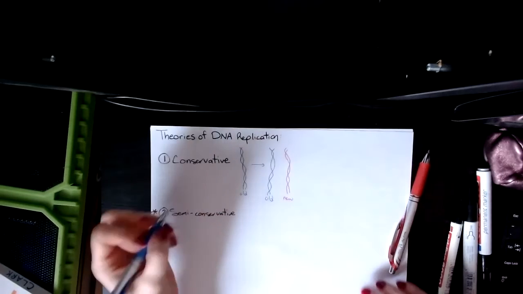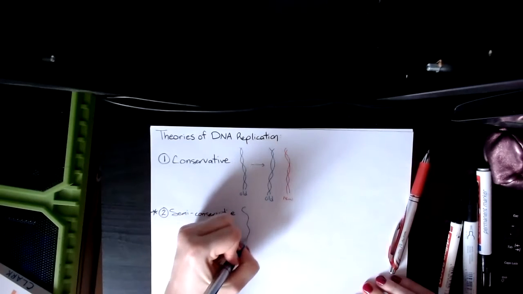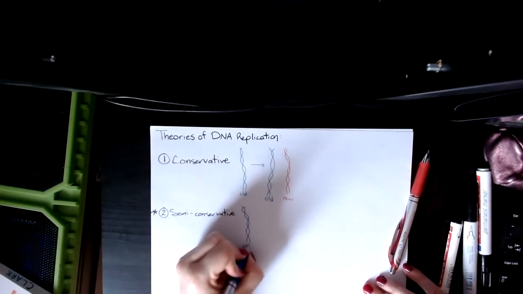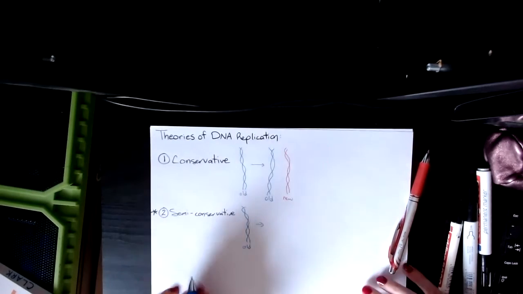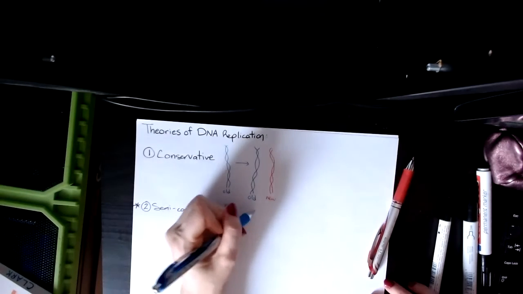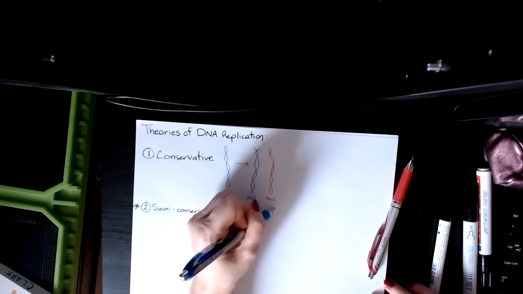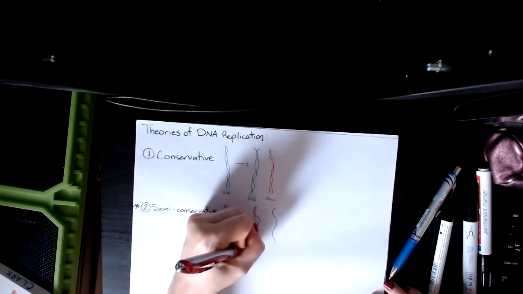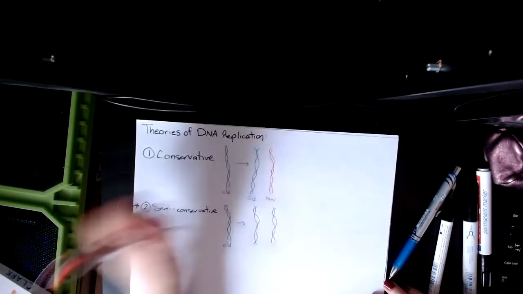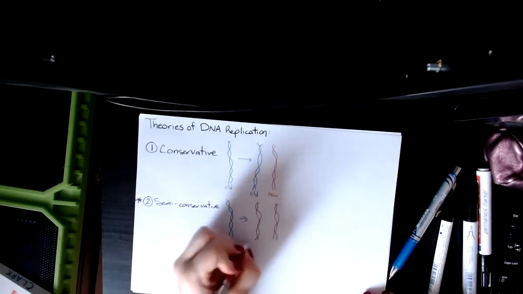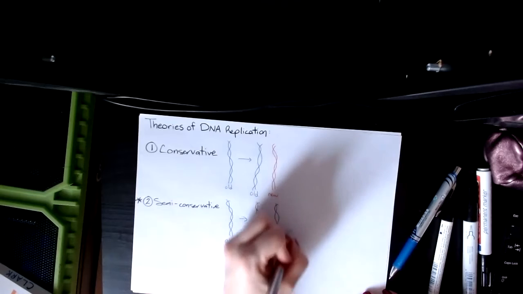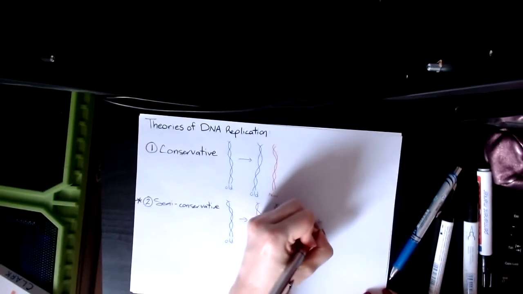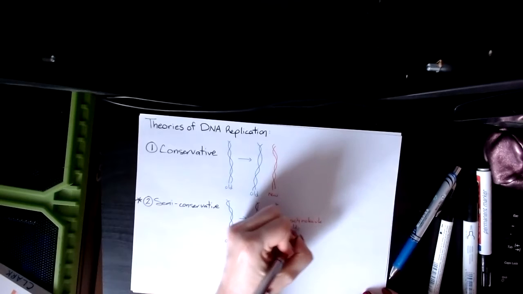And semi-conservative said that if you start out with one molecule with two old strands, then when you go to create two new molecules, each one of those would have one strand of old and one strand of new. And it would look like this. All right, so this is the correct one, obviously. And so in each molecule, you have one old strand and one new.